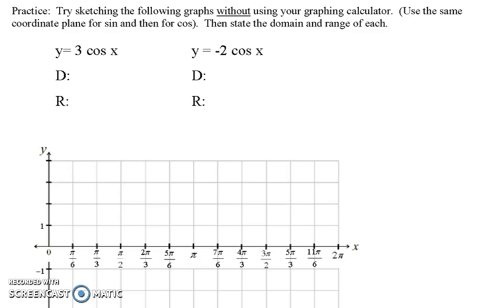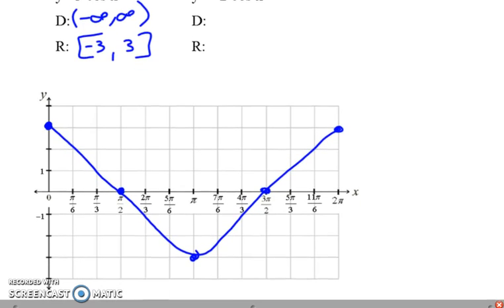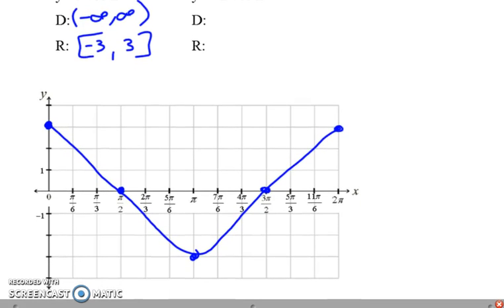Okay, we have two practice problems here. Pause the video, try them on your own, and press play when you're ready to continue. If we look at the first graph, we have a stretch of 3. Notice the points that are actually on the x-axis, here and here, are not impacted. Only the other points are impacted.